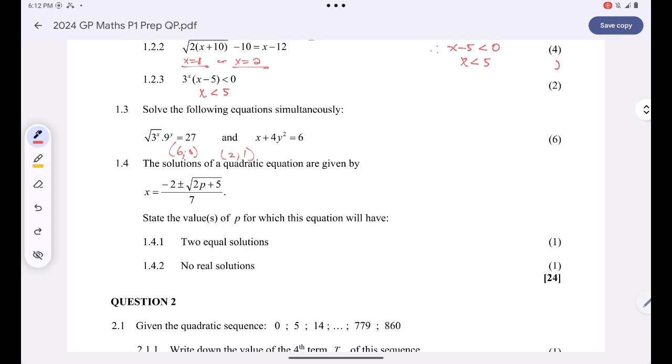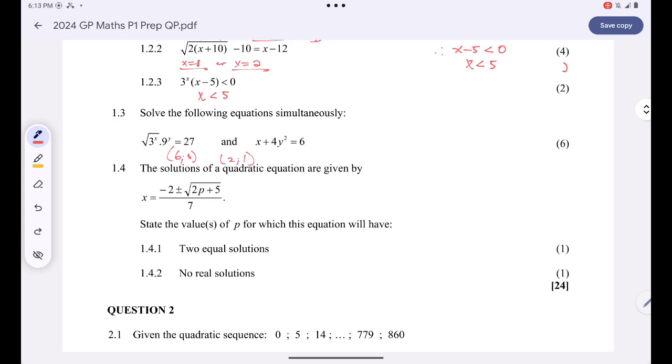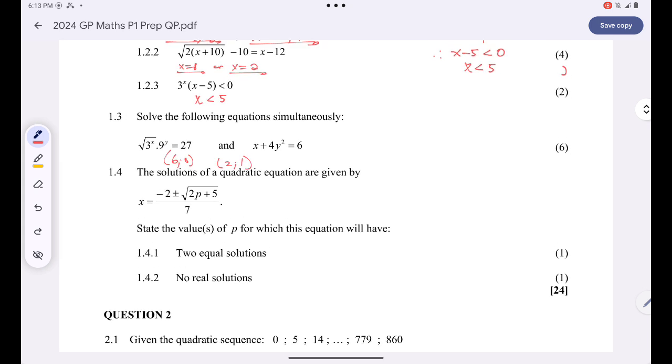Okay, for 1.4, I'm told that the solution of a quadratic equation is given by that over there. I'm supposed to state the values of p for which the equation will have two equal roots. Remember your nature of roots. If you have two equal roots, that simply means delta, or the discriminant, is equal to 0.